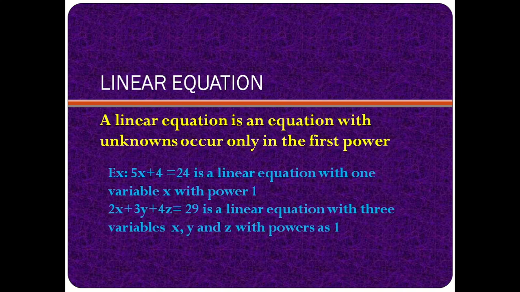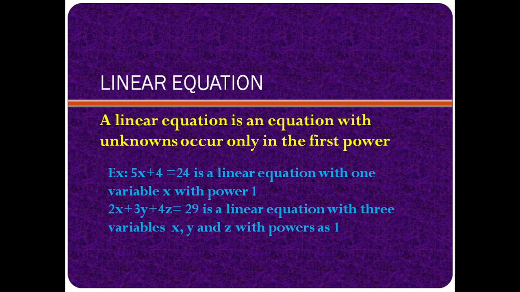Now, let us state what is a linear equation. A linear equation is an equation with unknowns that occur only in the first power. So the power of the variable is 1. For example, 5x plus 4 is equal to 24, where the power of x is equal to 1.